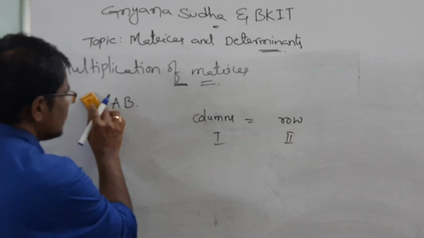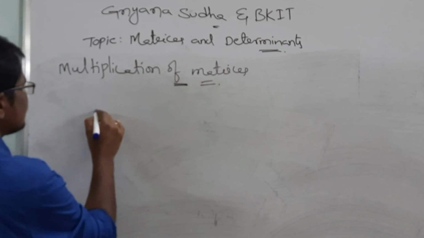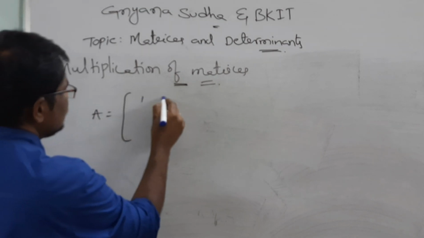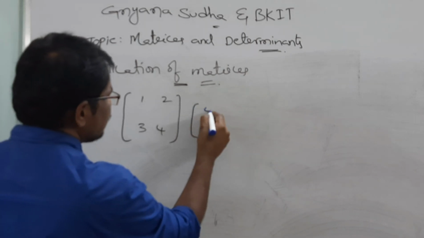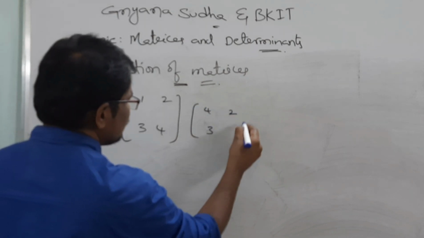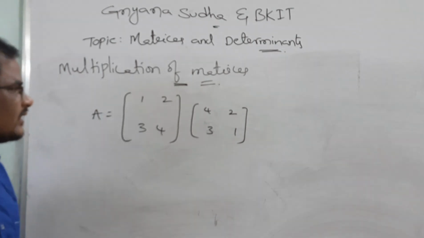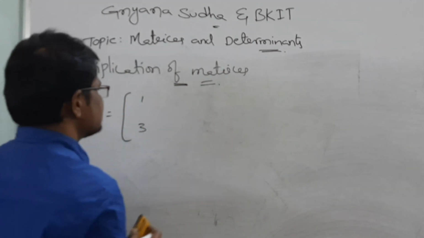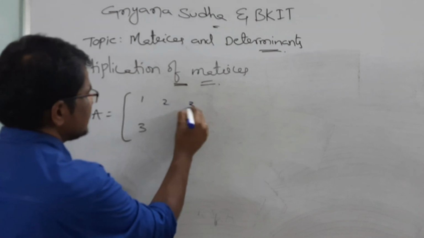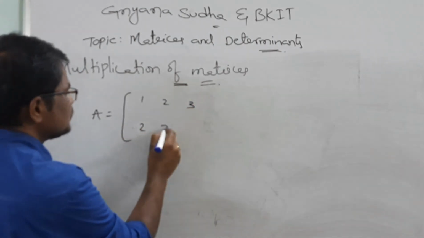For example, if you take A equal to 1, 2, 3, 4 and B equal to 4, 2, 3, 1, like this. One more different example I will take. A is 1, 2, 3 and 2, 3, 1.